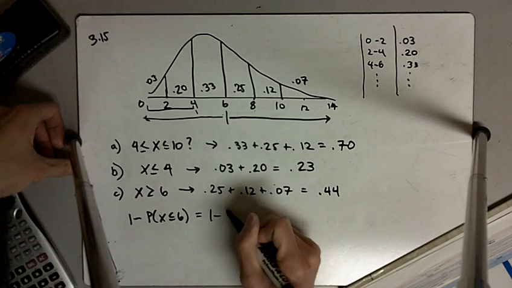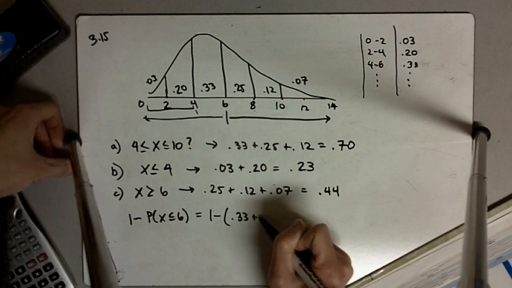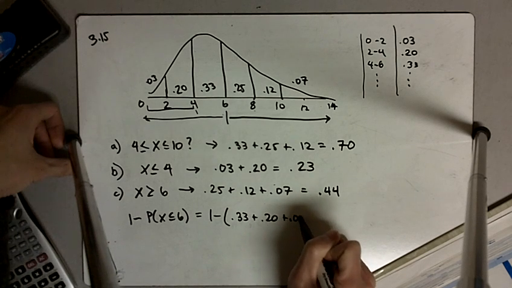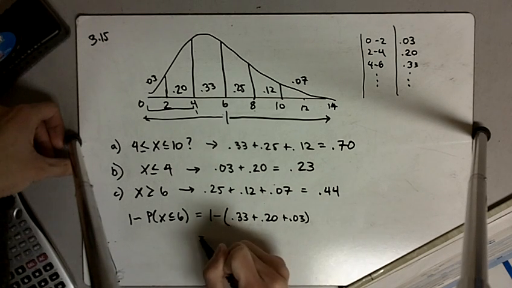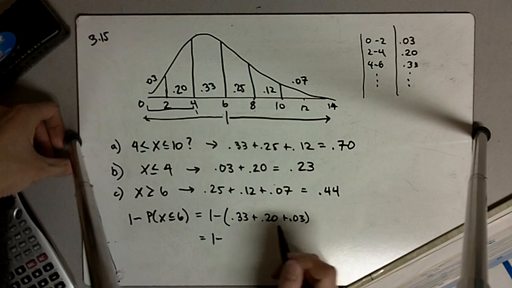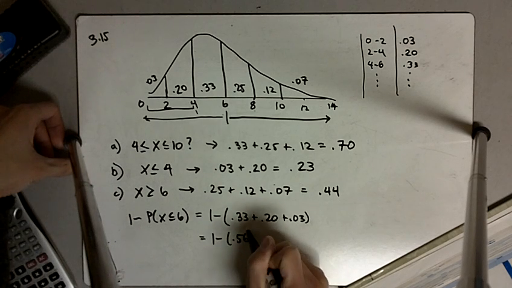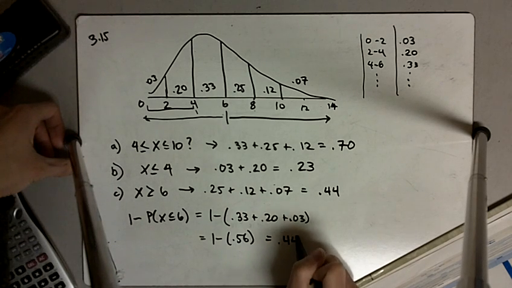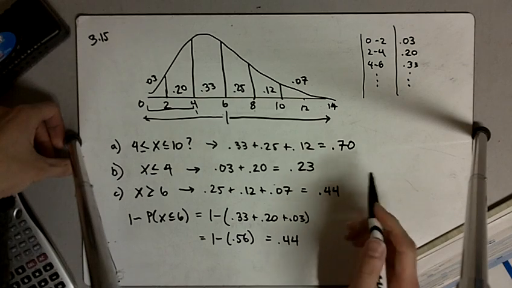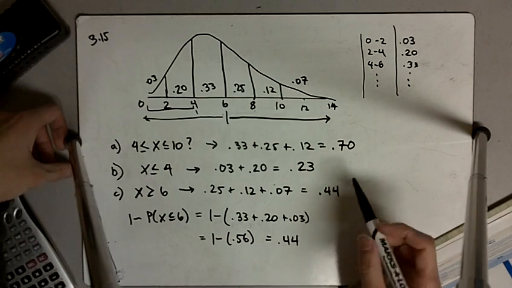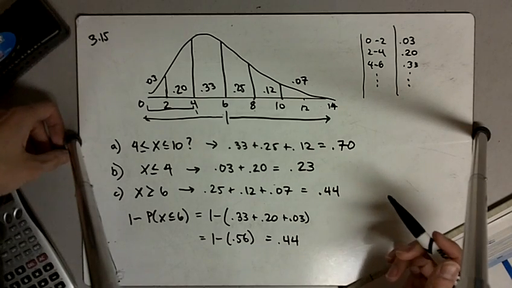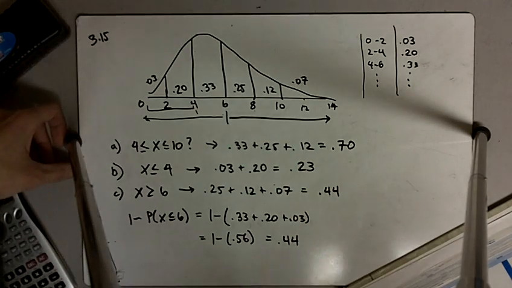So that's going to be 1 minus (0.33 plus 0.20 plus 0.03). And if you add that up, it adds up to 0.56, and you get 0.44. So you can solve this in multiple different ways, and in both cases, our answer is exactly the same, as it should be.